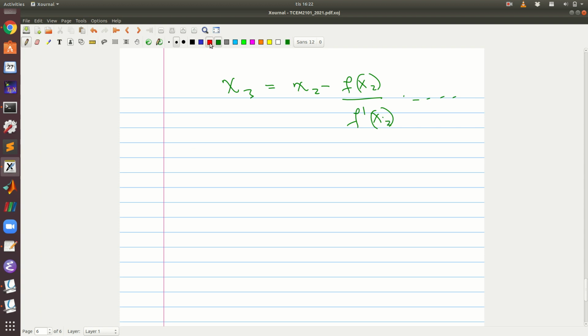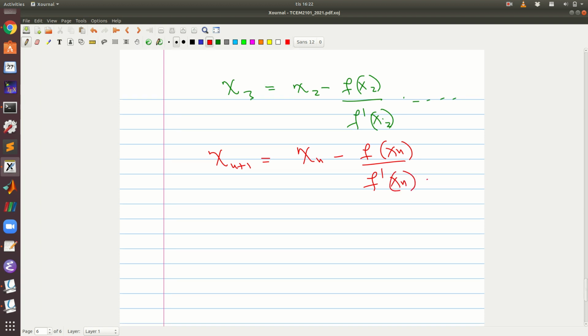Such that in general we can write that if we want to find the next approximation, xn plus 1, we can approximate it by taking xn minus f of xn divided by the derivative of the function at the point xn.